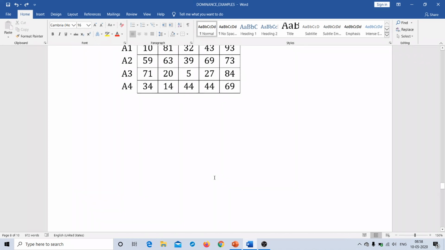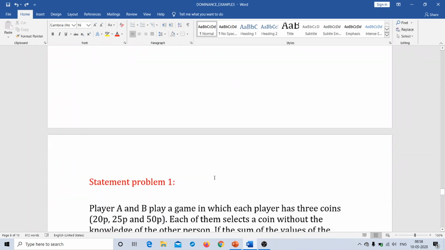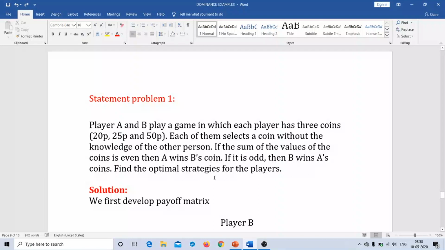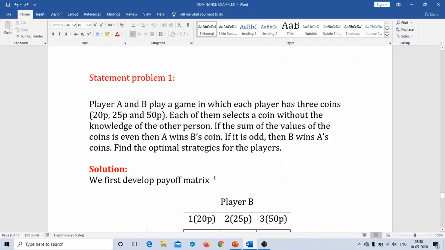Let us proceed and look at the last aspect of dominance, right? Something called statement problems. So far, all the problems that we have seen in game theory, right from the beginning, the payoff matrix was actually given to you. And it was easy for us to find the saddle point, strategies, and values of the game using different methods, and now the principle of dominance. But sometimes, or in most real-life applications, the payoff matrix is not given.